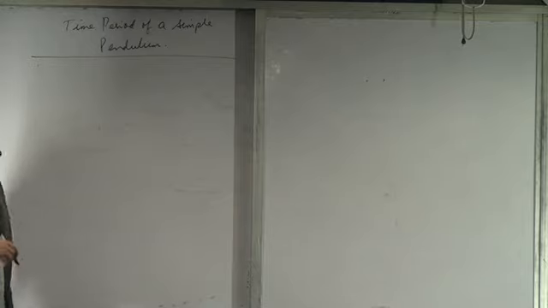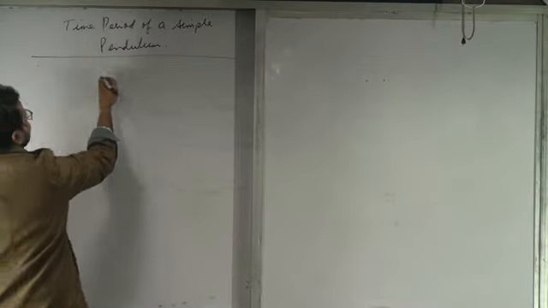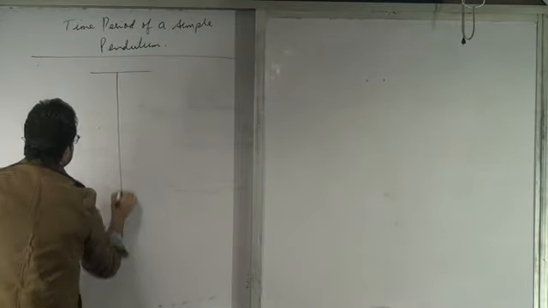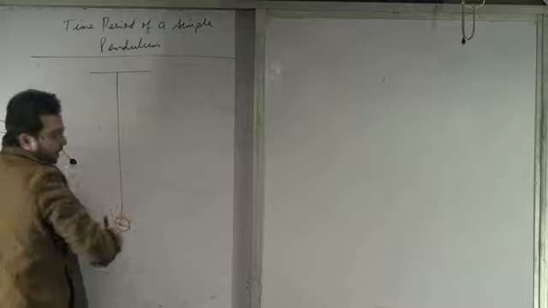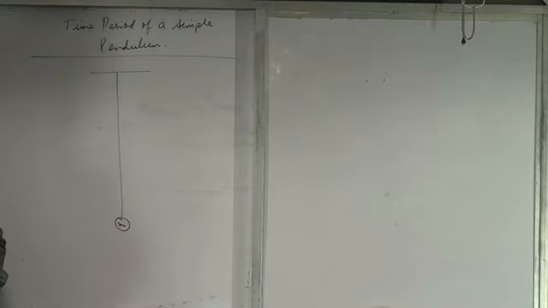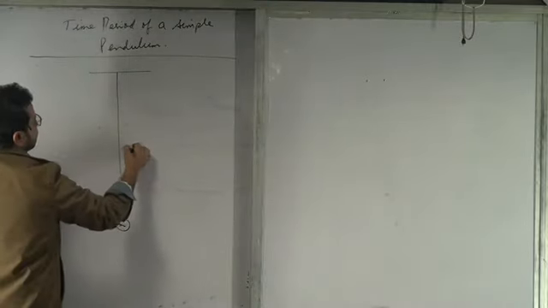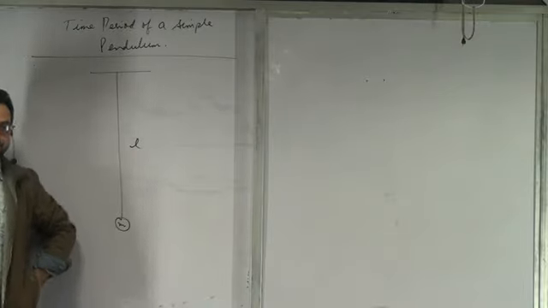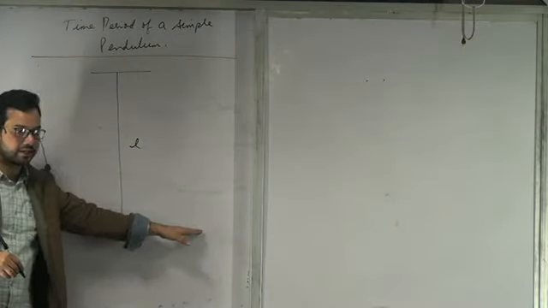Alright. ईशान पता है ना? Simple pendulum. कितना simple होता है? Alright, so basically a simple pendulum is a mass suspended by a string, and it is oscillated in this manner.